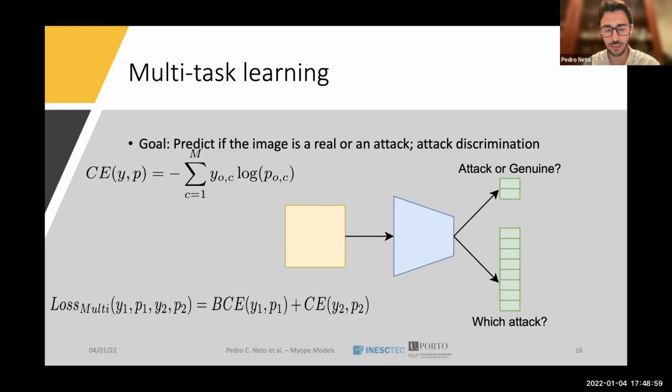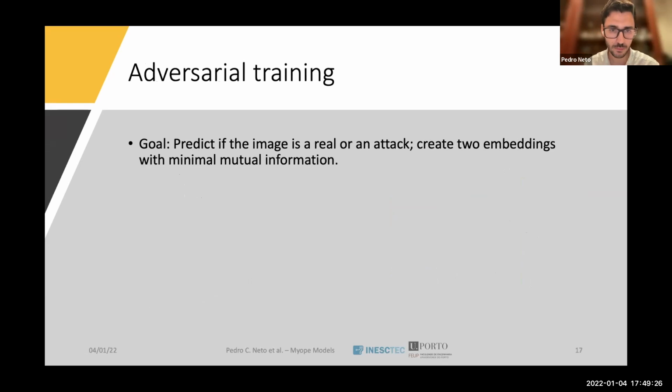Here is an example of the architecture. The backbone is still a MobileNet. However, I would like to reinforce that in the part where we discriminate the attack, we also include the genuine output so that we don't lose focus of the main task.